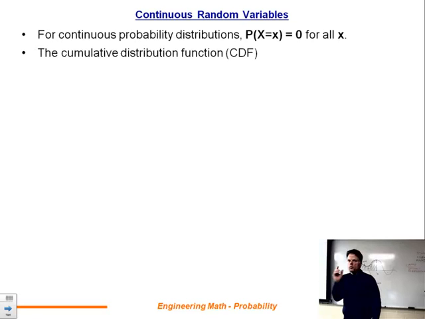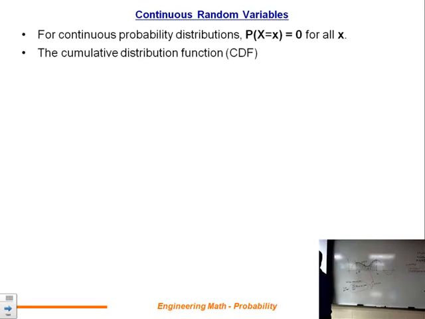Instead, we can ask, what is the probability that a continuous random variable is in a certain range, in a certain interval between one thing and another? This is how we actually define the probability characteristics of a continuous variable. We do that by doing the cumulative distribution function.